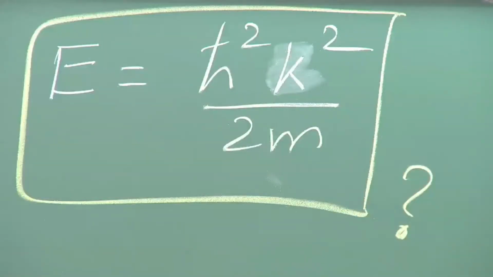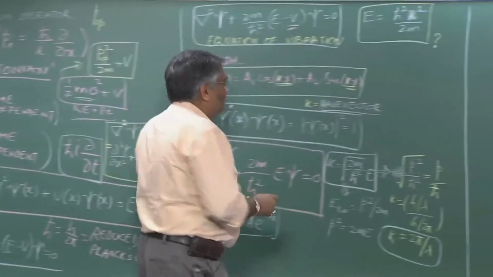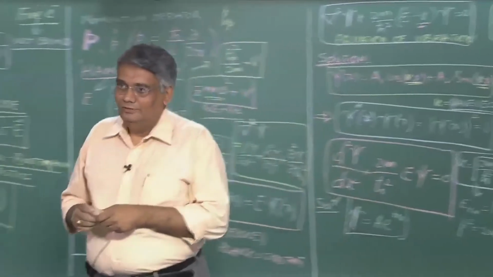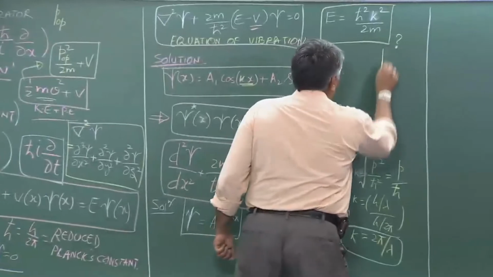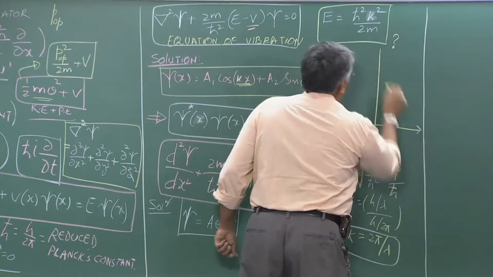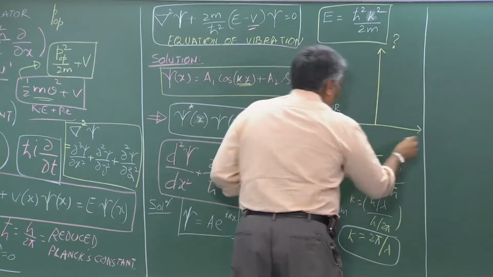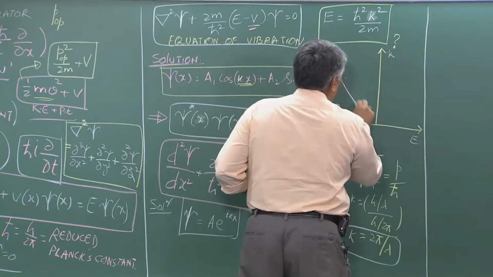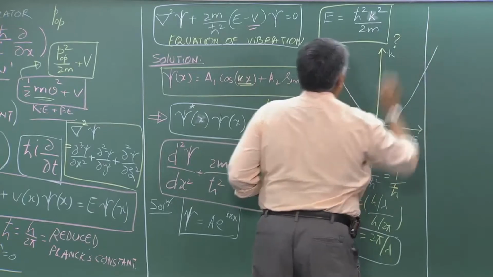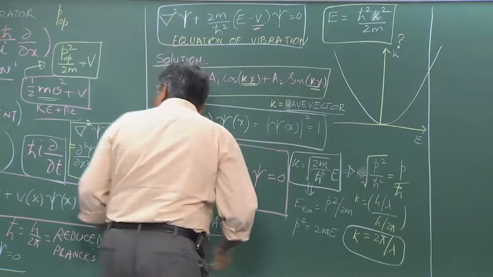What does this equation tell you? Yes. So, this is a y is equal to x square type of equation. If you plot it, energy versus wave vector, it is something like that.